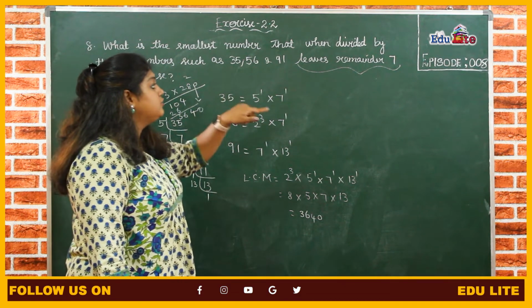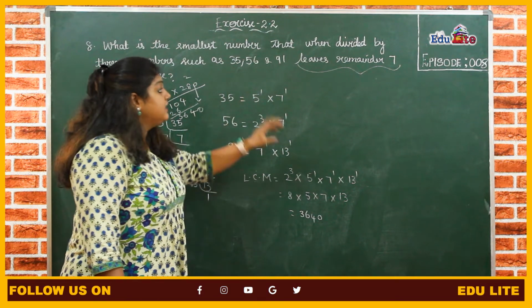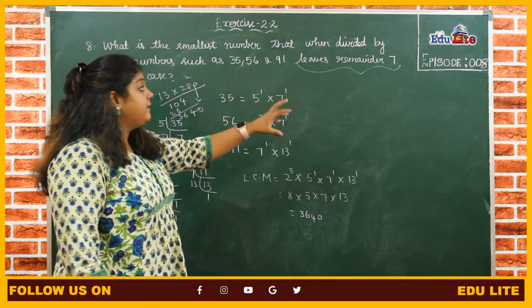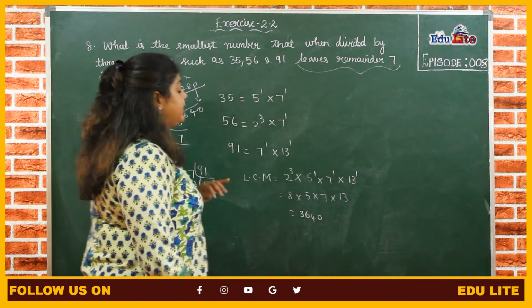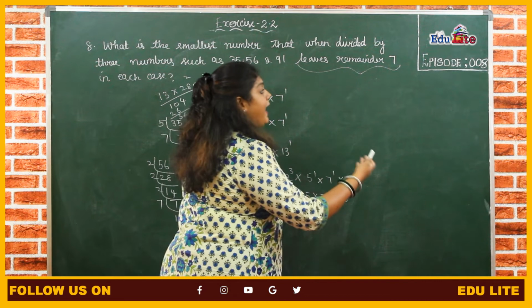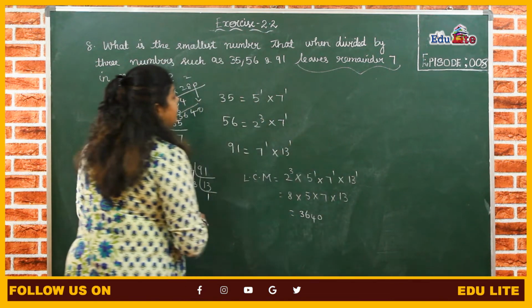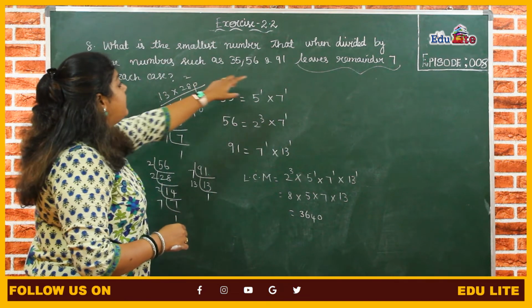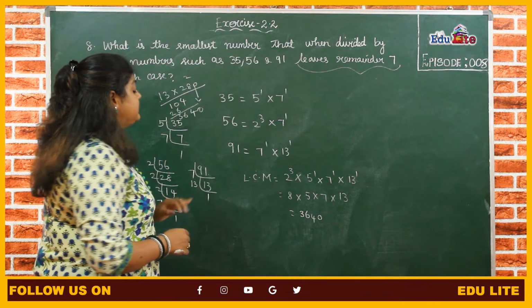But what we are asked to find is the smallest number which leaves the remainder 7. So it should leave a remainder 7. For that, we have to add 7 to this number, so we can find the smallest number that leaves the remainder 7 when divided by these 3 numbers.